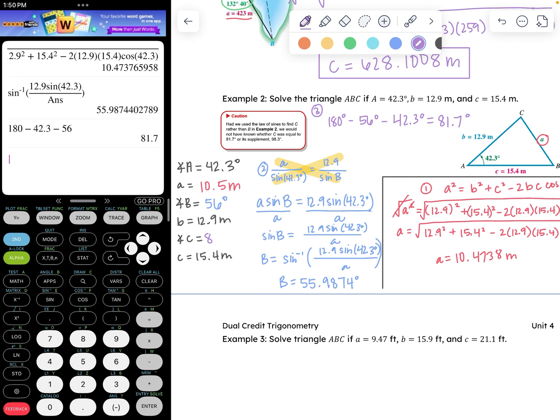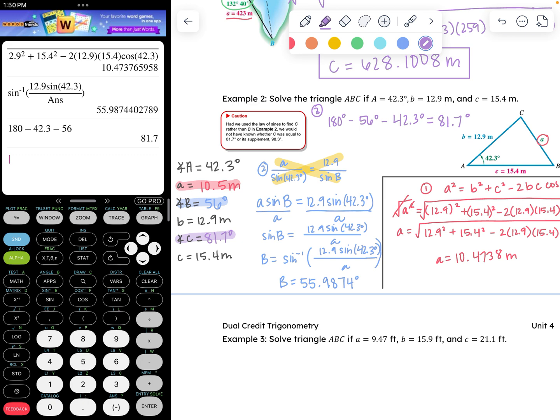So angle C would be 81.7 degrees. And we've now found all of the missing parts that we needed. We needed to find side A, angle B, and angle C.